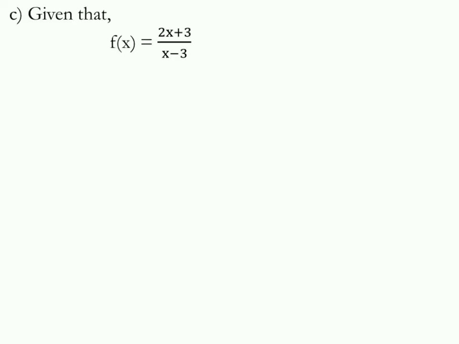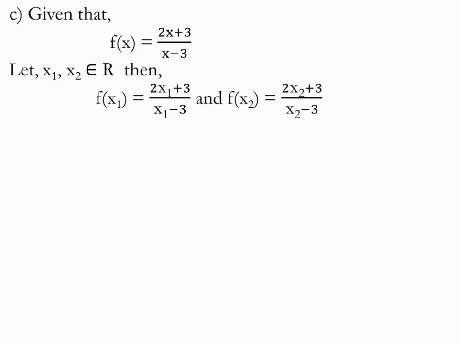First of all, the function was given. Now let us take two elements x1 and x2 from R. If x1 and x2 are two elements, then what should be f of x1 and f of x2? Just replacing x by x1 and x2, we get two terms here.